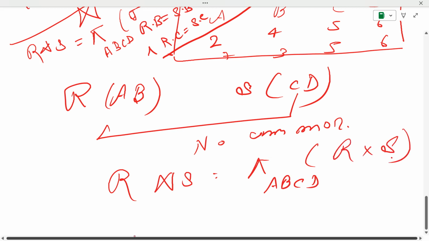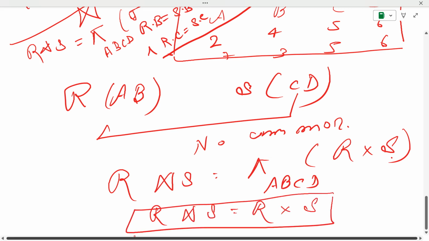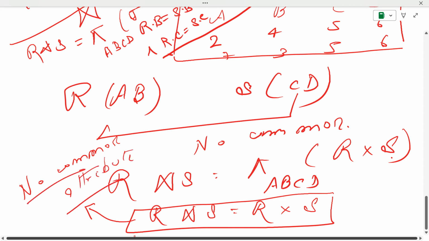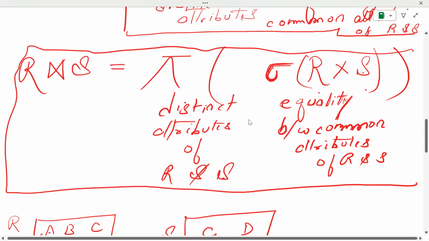So natural join is equal to the cross product of two relations when we have no common attribute. But whenever there is a common attribute, then we have to apply the predicate condition over the common attribute. We have to check the equality between the common attributes of R and S. Okay, yeah, so this is all about natural join.